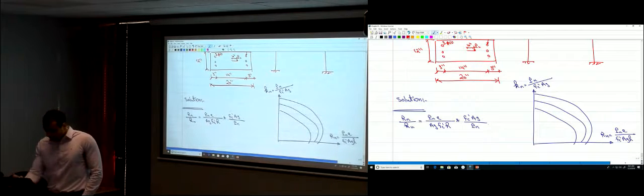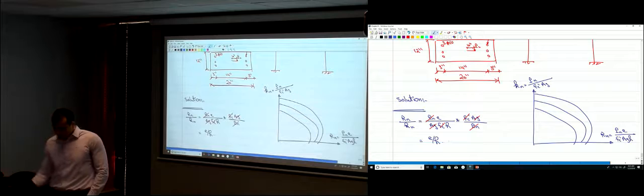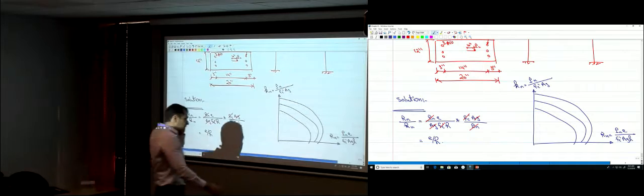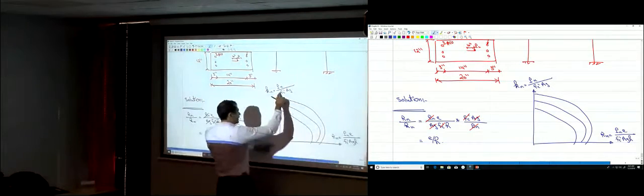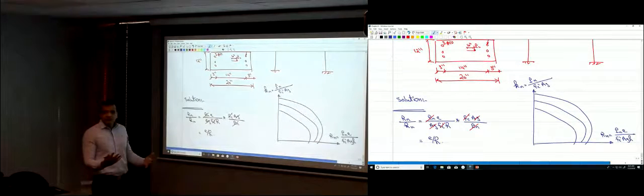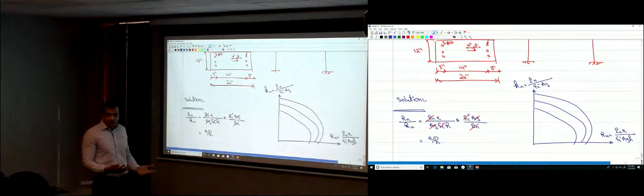So this and this can cancel, and this Pn can cancel with this Pn. So dividing those two values, you're going to have e over h. Right? That's Rn divided by Kn.